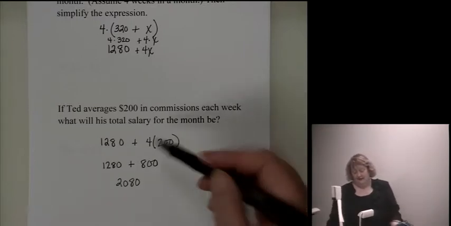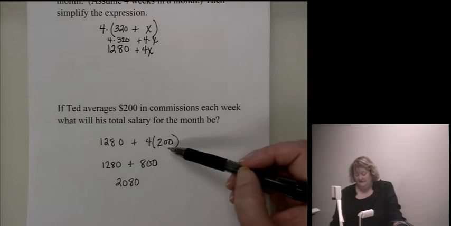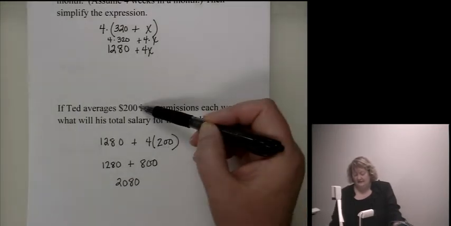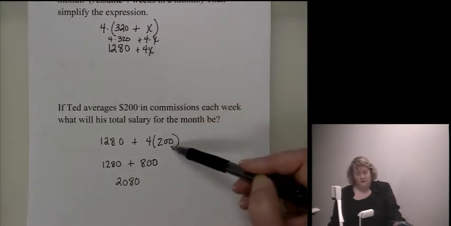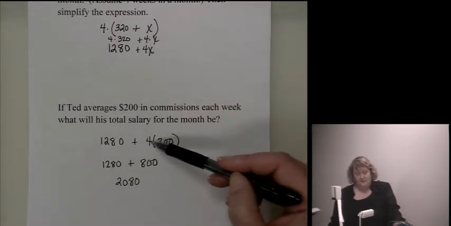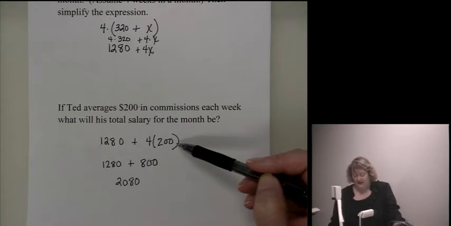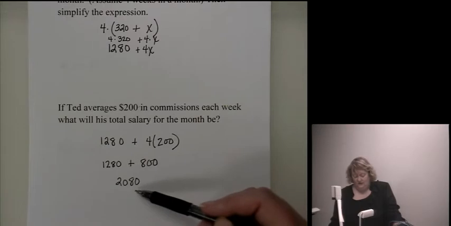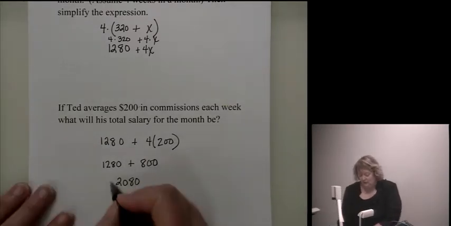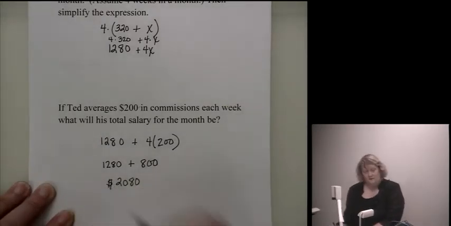And the key here is that we're going to plug in place of the X what it told us it would be, which is $200 in commission. In place of this X, we'll put 200, and then 4 times 200, doing the multiplication first, and then the addition, and then we get 2,080, which would be his salary for the month.